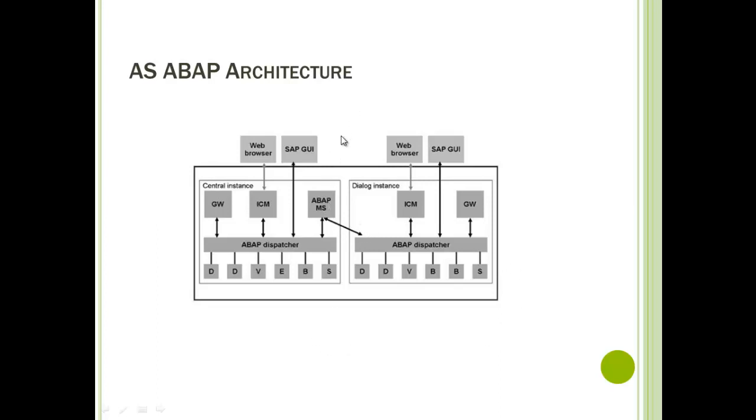When you log in from SAP GUI, it will directly go to the message server. The message server will do the load balancing and reroute that specific request, your login, to one specific instance. That's the way you get the server name where you logged in.